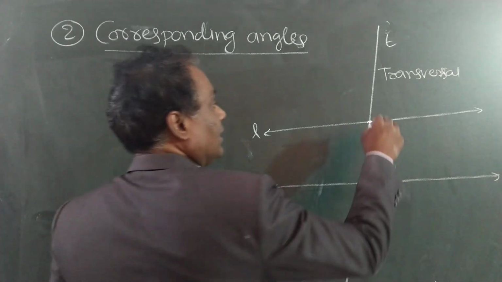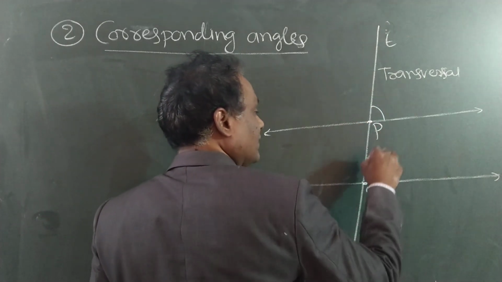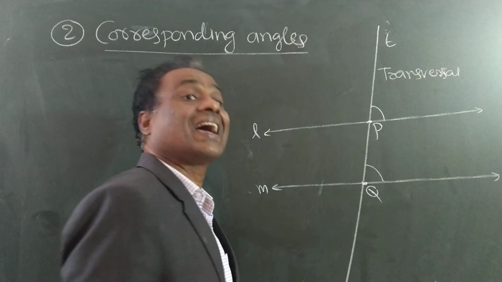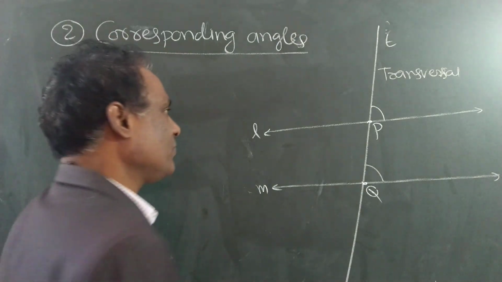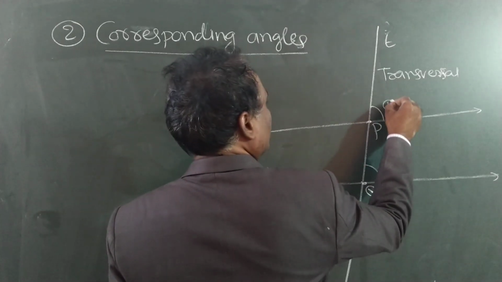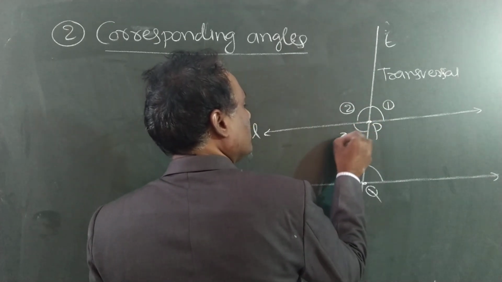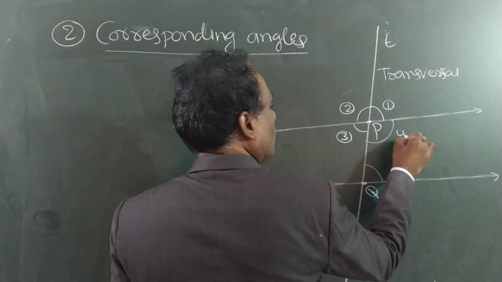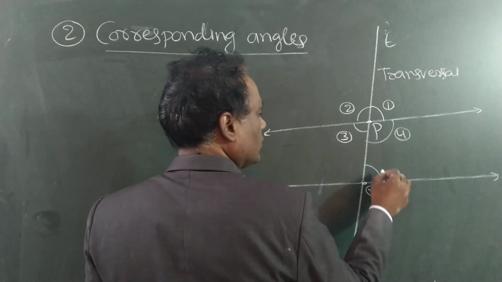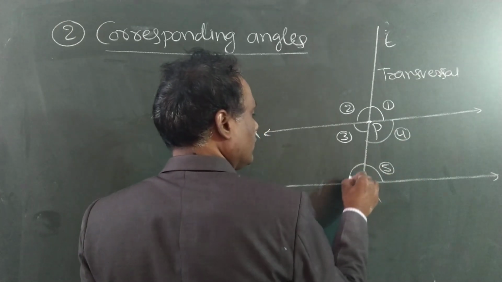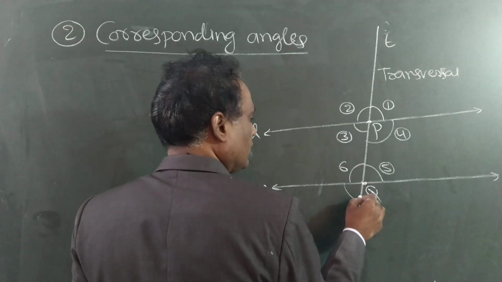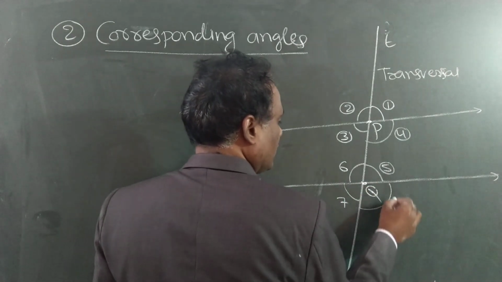See here, this angle and this angle are called corresponding angles. Suppose I name all the angles: this is say 1, this is 2, this is 3, this is 4, now this is 5, this is 6, this is 7, this is 8.